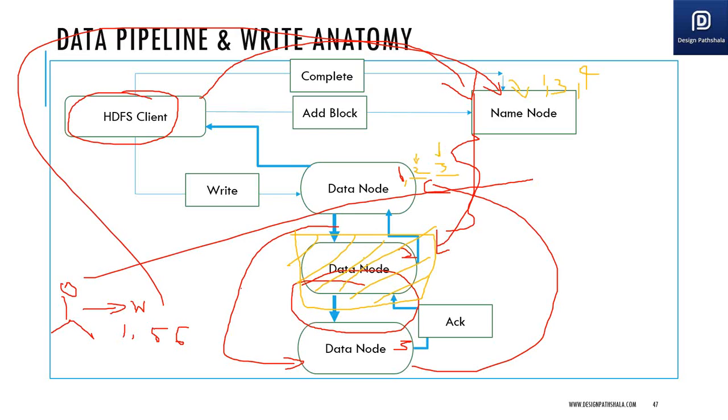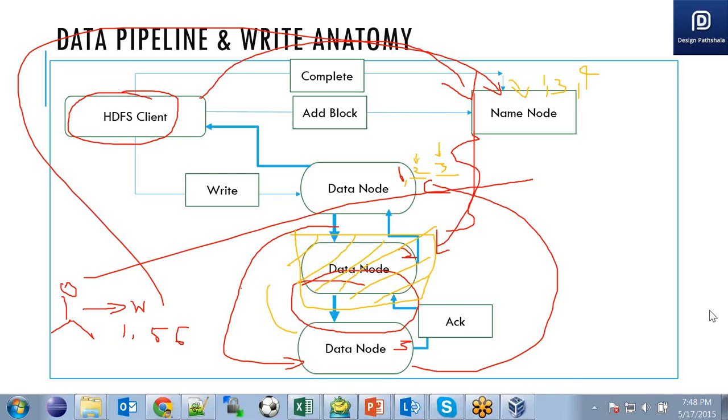So in such a scenario, it will try to communicate to 3 and will send a write signal to 3. So it's not only the data, but the path of the network is also given with the data. That's how this data node will know where to copy it, and this data node will know where to copy it. Make sense? Yeah, definitely. It's a part of the write request.